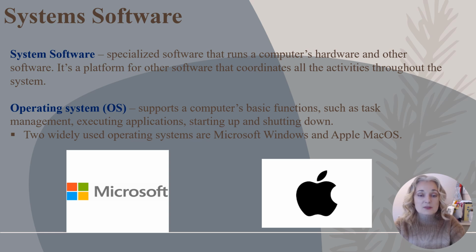Operating systems support a computer's basic functions such as task management, executing applications, starting up and shutting down. And two widely used operating systems are Microsoft Windows and Apple Mac OS. So if you have a computer, your computer will likely use either Microsoft or Apple Mac OS.